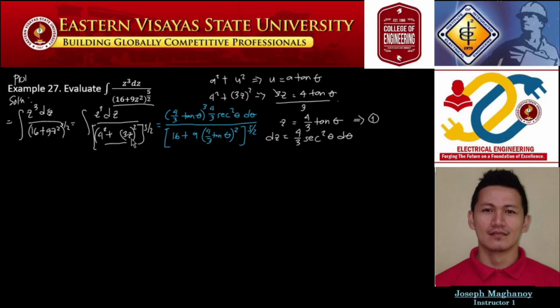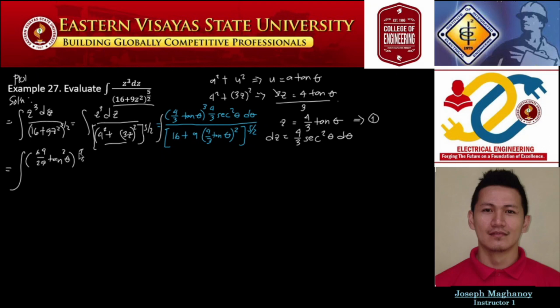Okay, so let's continue. Let's apply the power to each quantity. So 4/3 raised to cube, that is, there is an integral sign there, quantity 64 over 27 tangent cube theta.